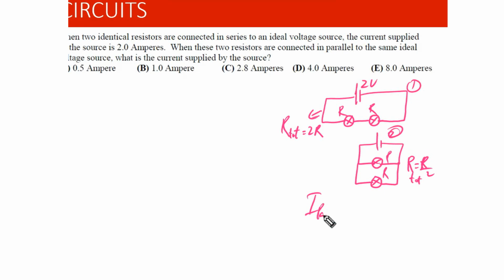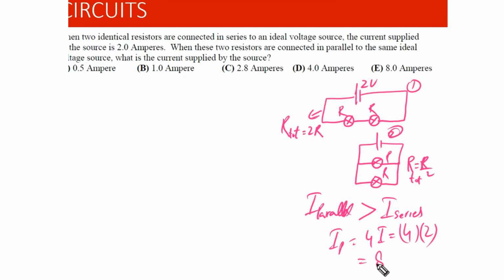Otherwise I can say that I parallel has to be greater than I series. I parallel has to be equal to 4 times I series. In I series there was 2, so you forgot to multiply, so that has to be 8 amps. So this is our answer for this one.